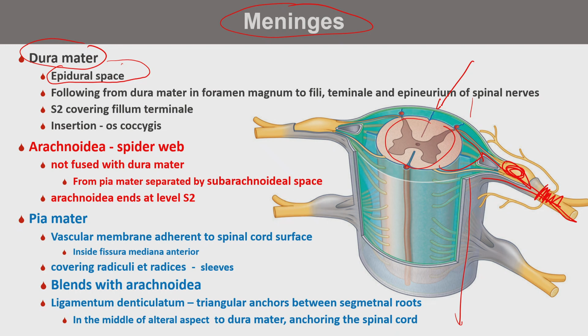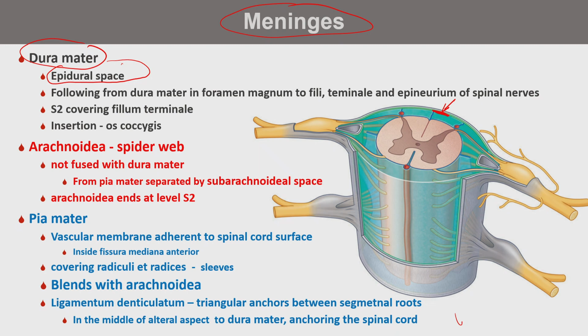So then the next layer of the meninges is the arachnoidea. Arachnoidea is a thin, spider web-like tissue which is surrounding the subarachnoidal space. Inside the arachnoidea is a fluid called cerebrospinal fluid.